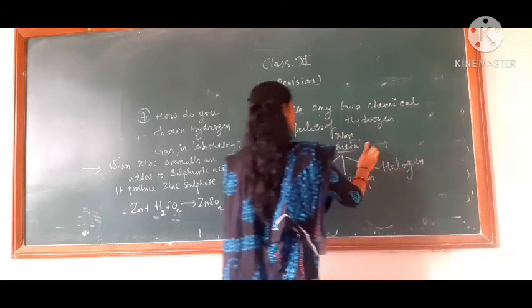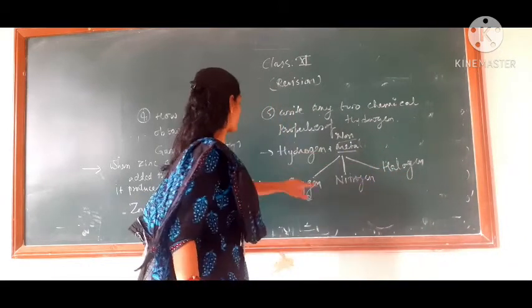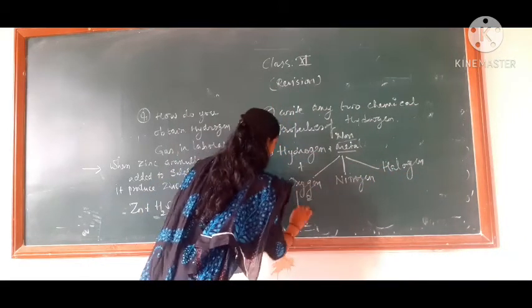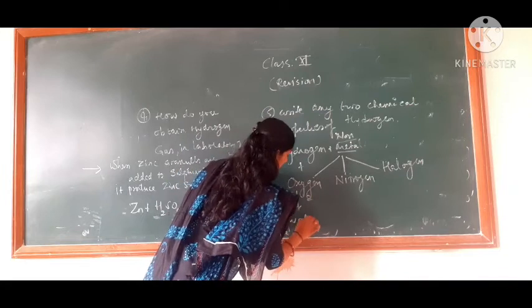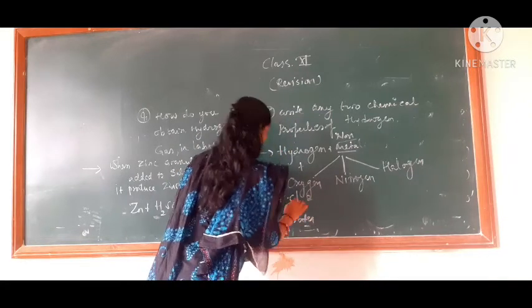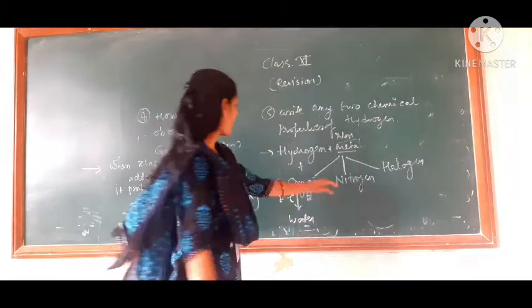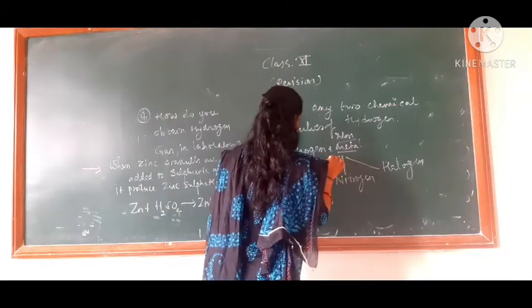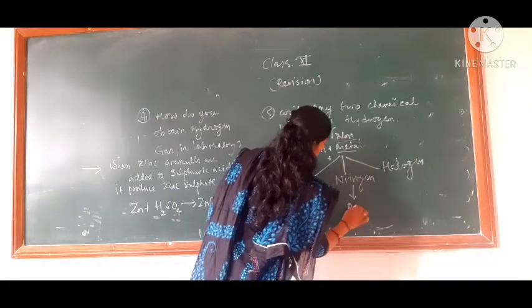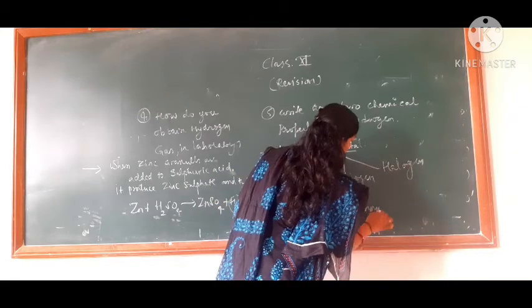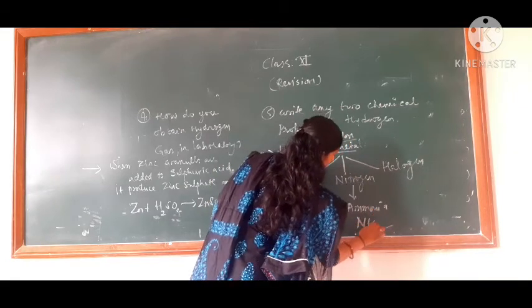So hydrogen plus oxygen, it simply forms water by the electricity, in the form of electricity. Now nitrogen and hydrogen, it is forming ammonia with the formula NH3.